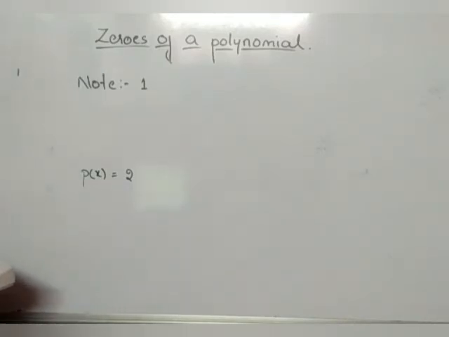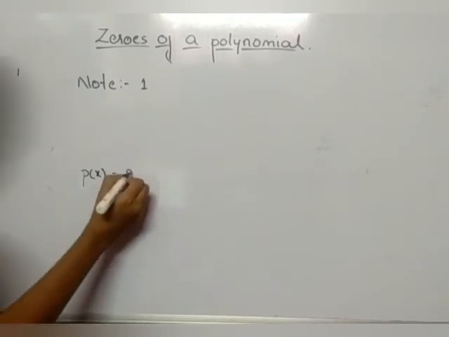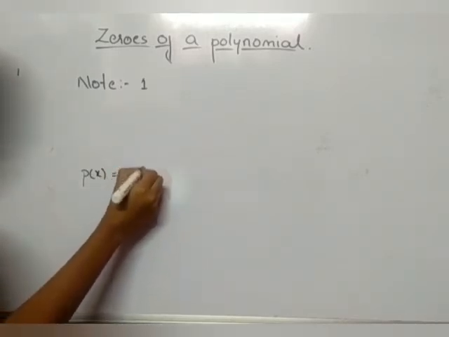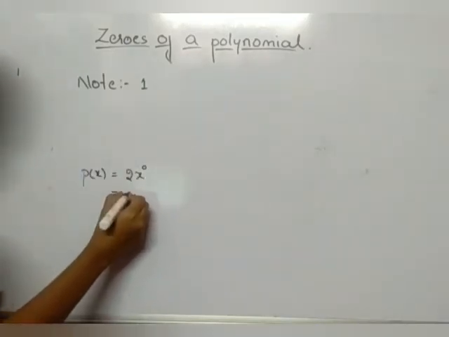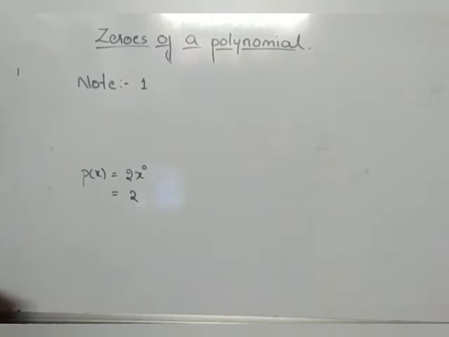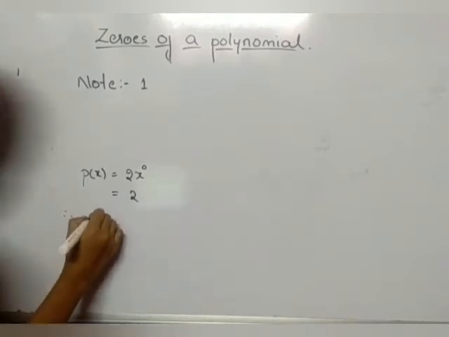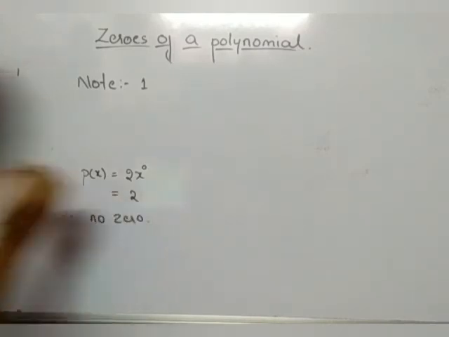You know that a constant will always have x raised to 0. If I replace x by any number, I will still get that constant only. Isn't it? So we can say that a non-zero constant polynomial has no zeros.